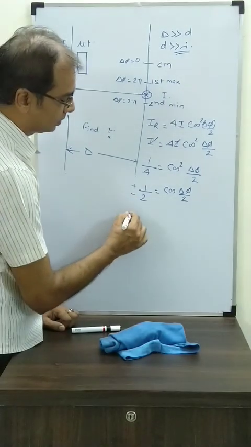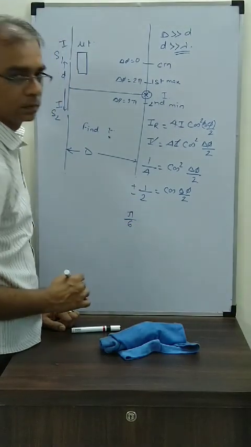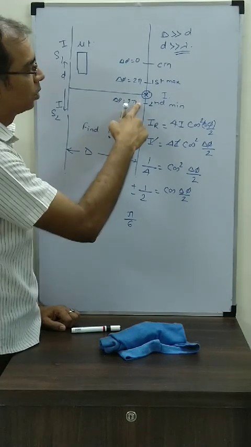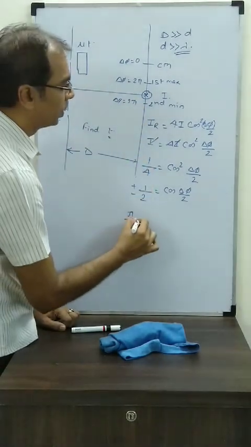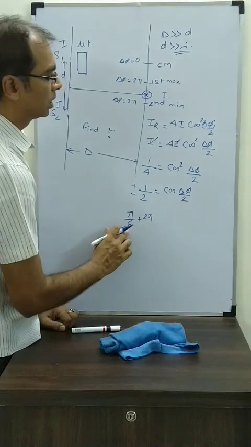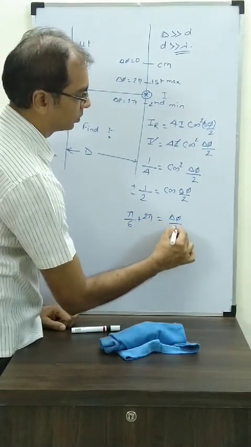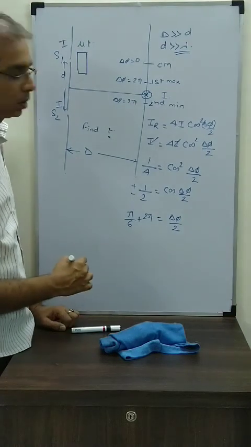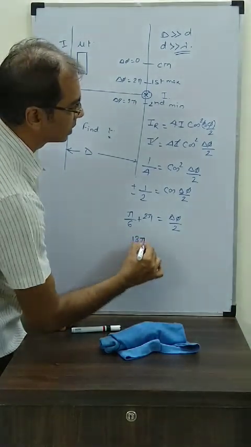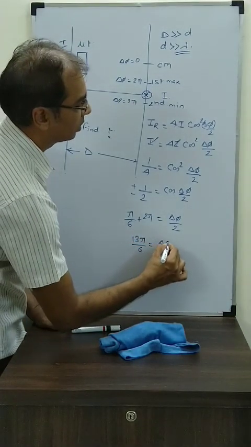Sorry, 5 by 6. And you can see that it's more than 2 pi. So I'll add 2 pi plus 5 pi by 6. That will come 13 pi by 6 equal to delta phi by 2.